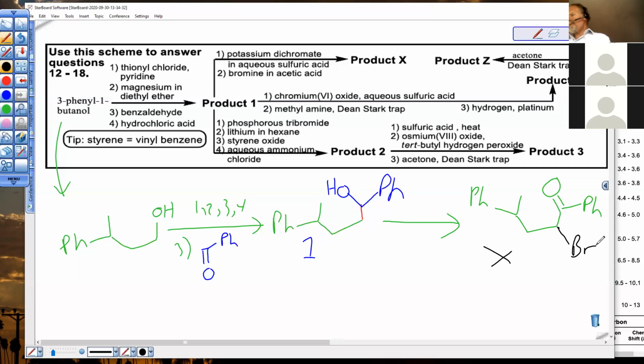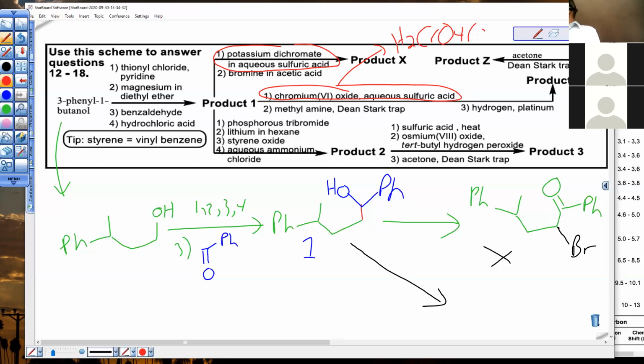Product 1 is going to go also. There's another chromic acid in disguise right here. These are the 2 methods of making chromic acid here. Good review item to circle them both, and say they both make H2CrO4 aqueous.